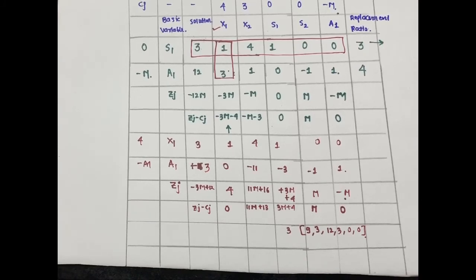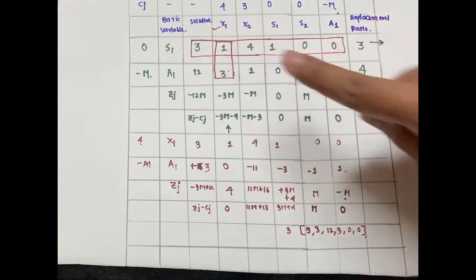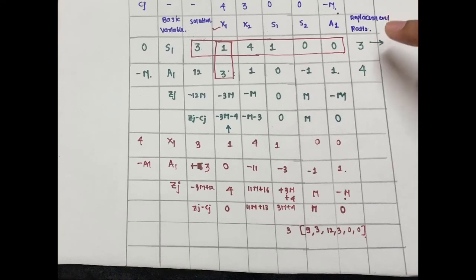And likewise today we discussed unboundedness and the infeasible region. In unboundedness, you still have a chance for an incoming variable, but the outgoing variable is not possible. Either it is having a minus sign in the division of your solution cells by the key column cells, and this replacement value is not possible to compute.